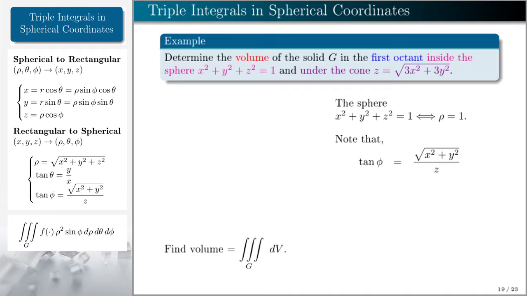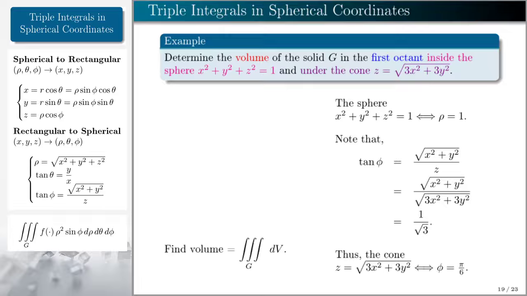And since z is just the square root of 3x squared plus 3y squared, if I factor out square root of 3, cancel out the square root of x squared plus y squared, I will obtain 1 over square root of 3. There's only one phi that satisfies tangent phi equal to 1 over square root of 3, and that is precisely phi equal to pi over 6.